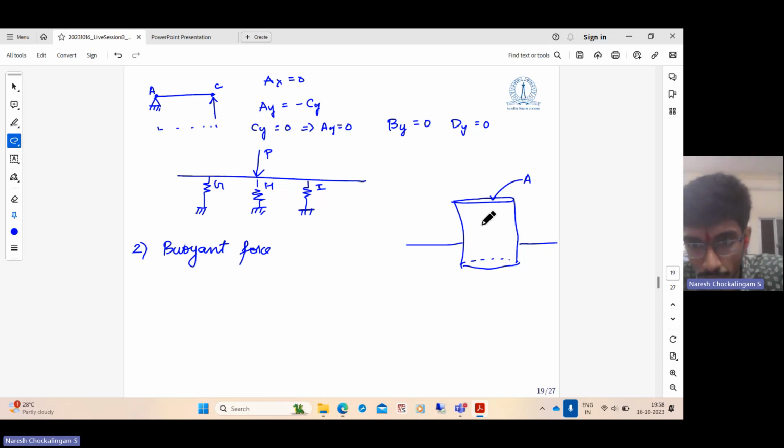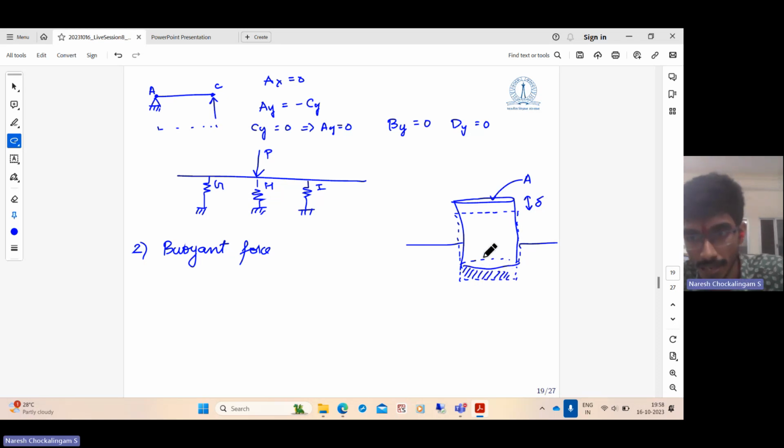And let us suppose it is pushed further by a distance delta. We know that it displaces so much water.